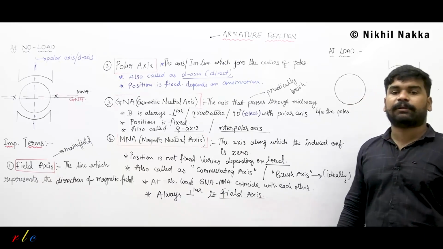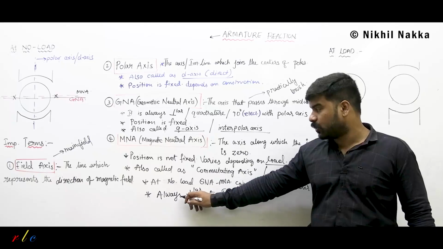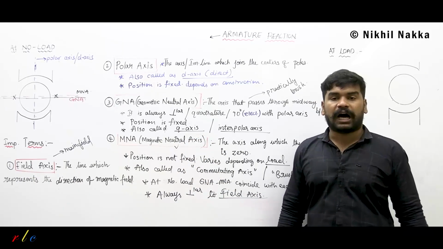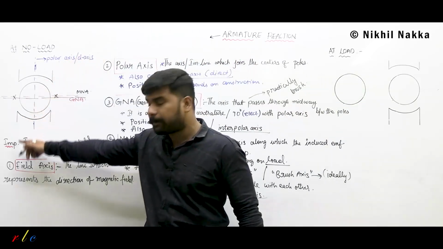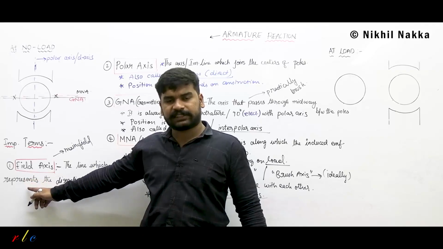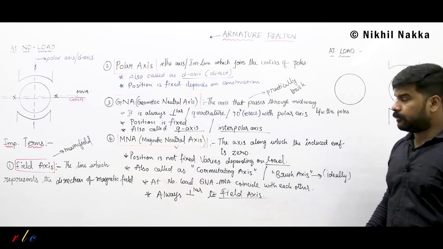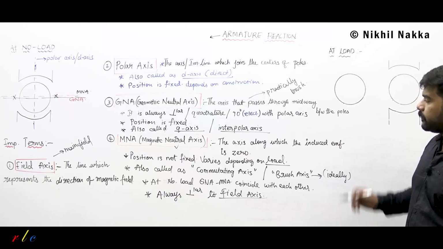And if the axis of the main field changes, automatically MNA will change. So MNA is attributed to which effect of armature reaction? The cross magnetizing effect. Due to it, the field axis changes, and the MNA, which is always perpendicular to it, also changes. So that is about MNA.